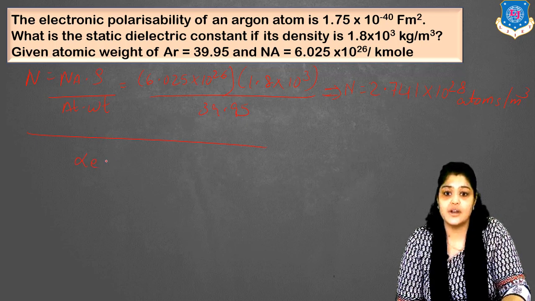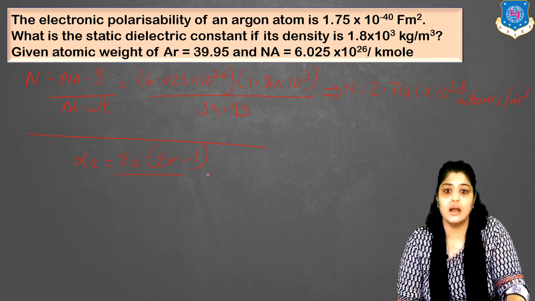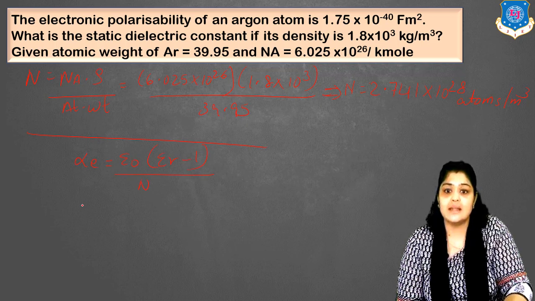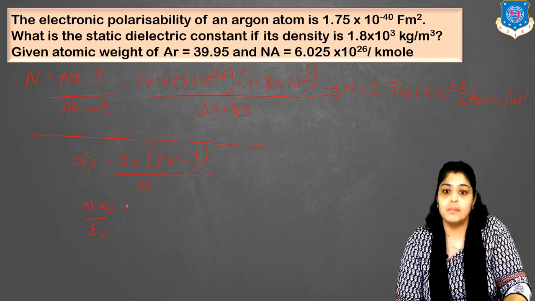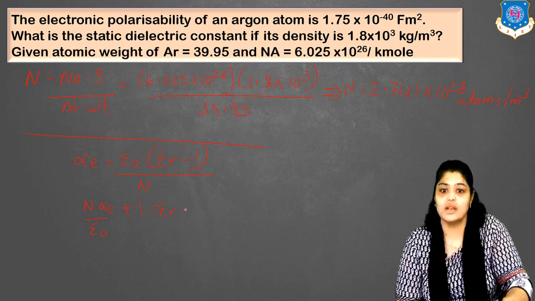So we will be using alpha E is equal to epsilon naught into epsilon r minus 1 upon N. So this can be written as N alpha E upon epsilon naught plus 1 is equal to epsilon r.